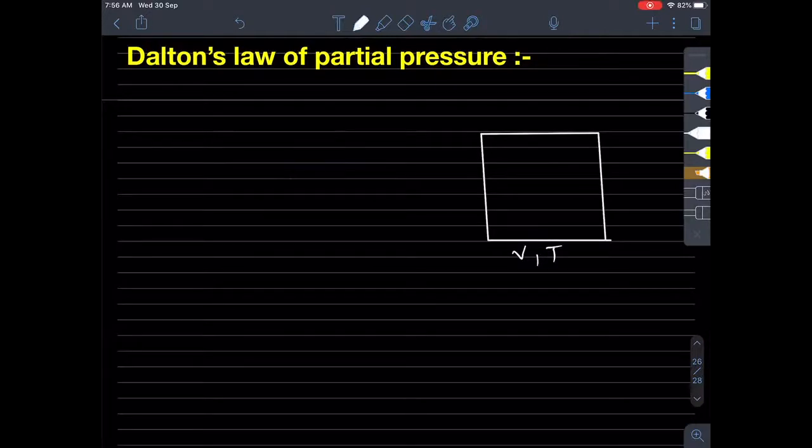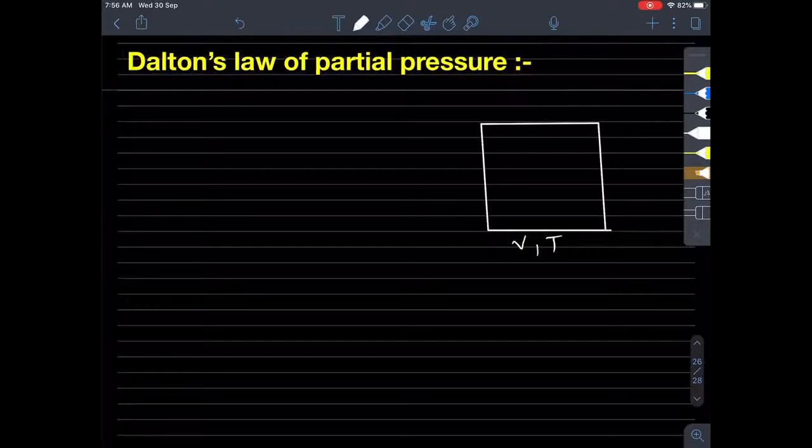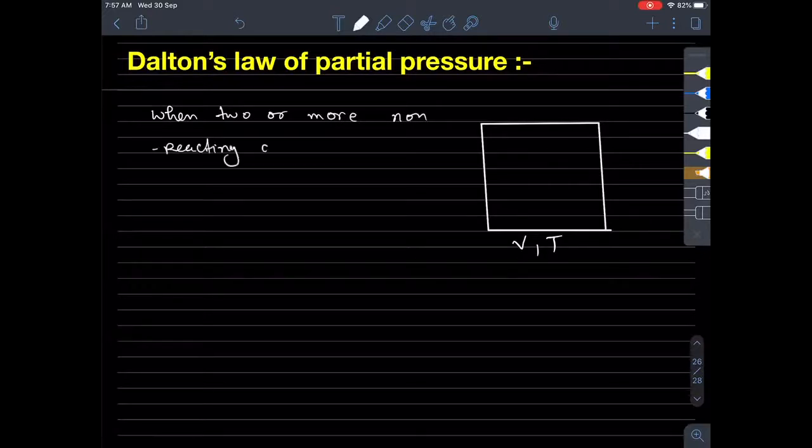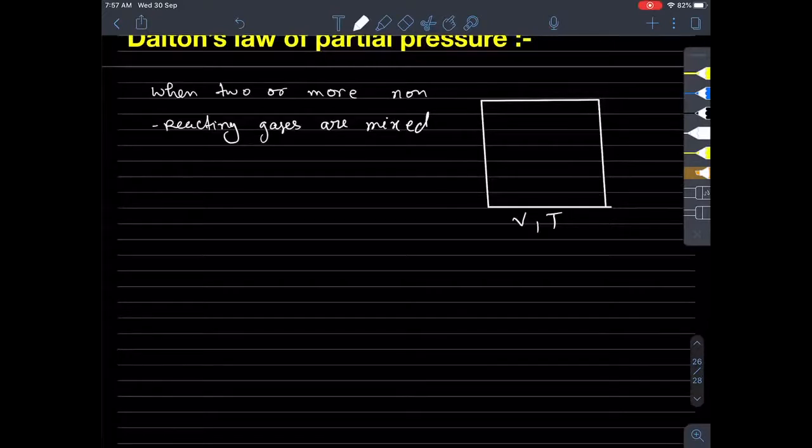Okay. So what is Dalton's law of partial pressure? When a mixture of gases, or simply you can write in this way, when two or more non-reacting gases are mixed together, it is very, very important, guys.